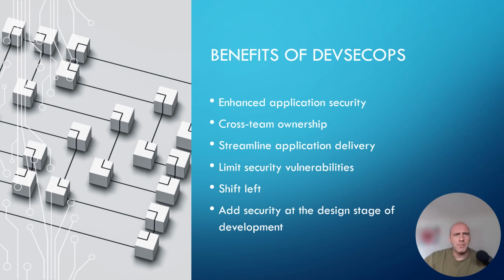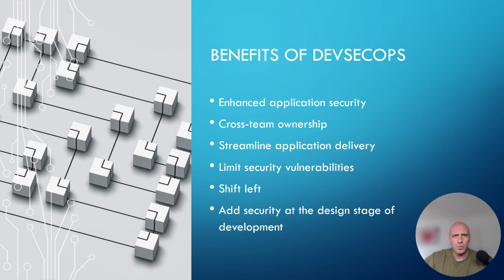The DevSecOps approach brings with it specific benefits. So first of all, enhanced application security. DevSecOps embeds a proactive approach to mitigate cybersecurity threats early in the development lifecycle. This means that development teams will rely on automated security tools to test the code on the fly, performing security audits without slowing development life cycles.